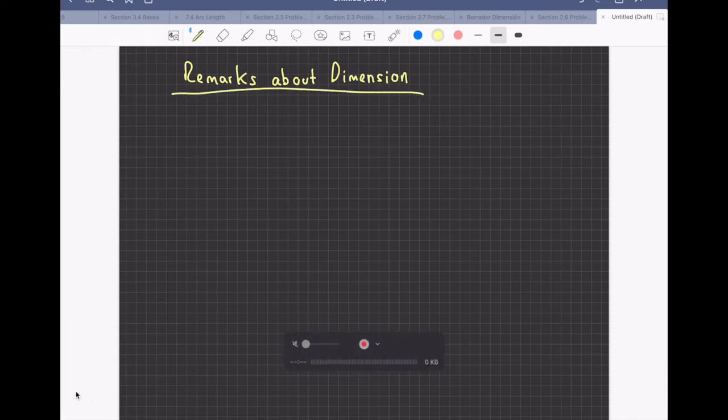All right, now some remarks about dimension. The assignment that you are going to see in WebWork, you will have to respond for the corresponding assignment of this section. Most of the questions or all the questions are basically true or false.